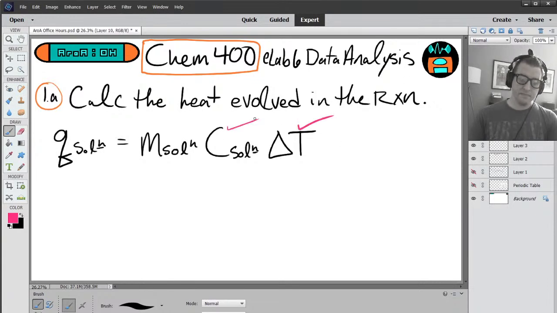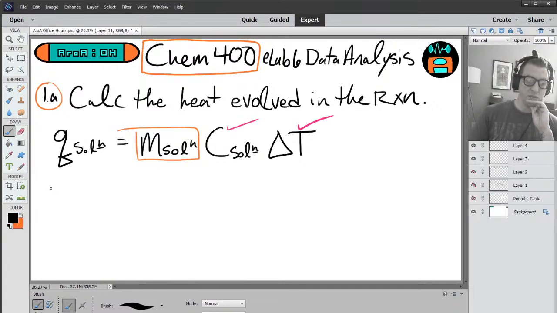We're given the heat capacity of the solution. We are not given, however, the mass of the solution. This is the piece we have to figure out. All right, now let's look at what we're given.